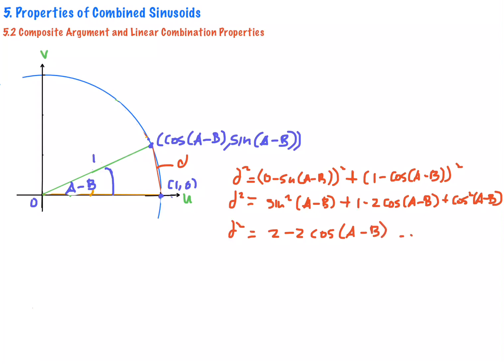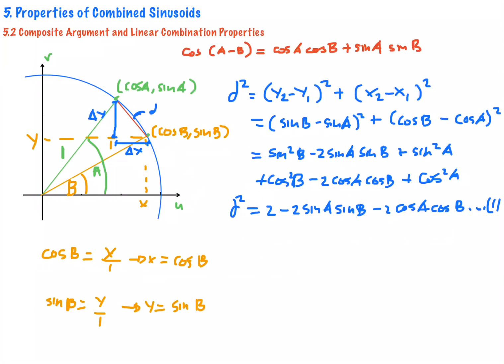Now let's bring all this together. From the first statement, we get d squared equal to 2 minus 2 cos A cos B, and then minus 2 sin A sin B. Let me show you again. This is what we have over here.